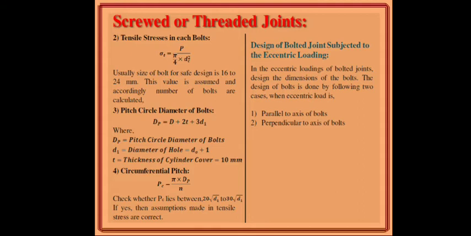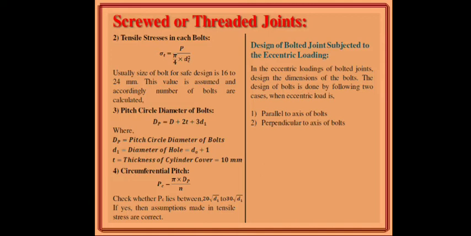Check whether Pc lies between 20 square root of d1 to 30 square root of d1. If yes, then the assumptions made in tensile stress are correct. As there are empirical relations and assumptions, we need to follow them while designing any particular threaded joint.